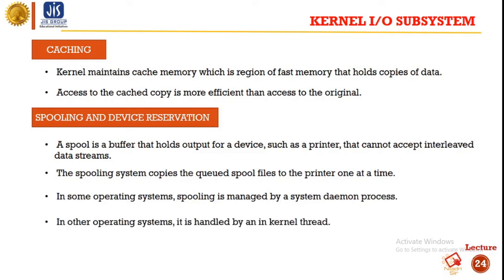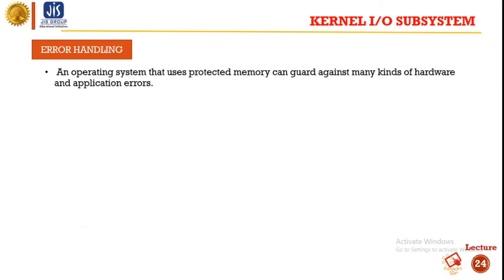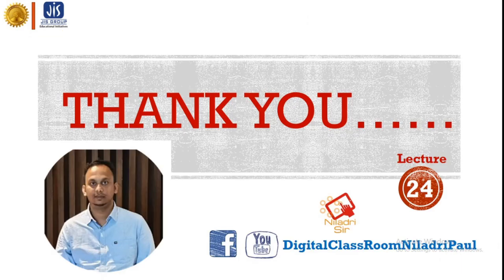In other operating systems, it is handled by an in-kernel thread. Next one is error handling. An operating system that uses protected memory can guard against many kinds of hardware and application errors. So these are the kernel I/O subsystem services.